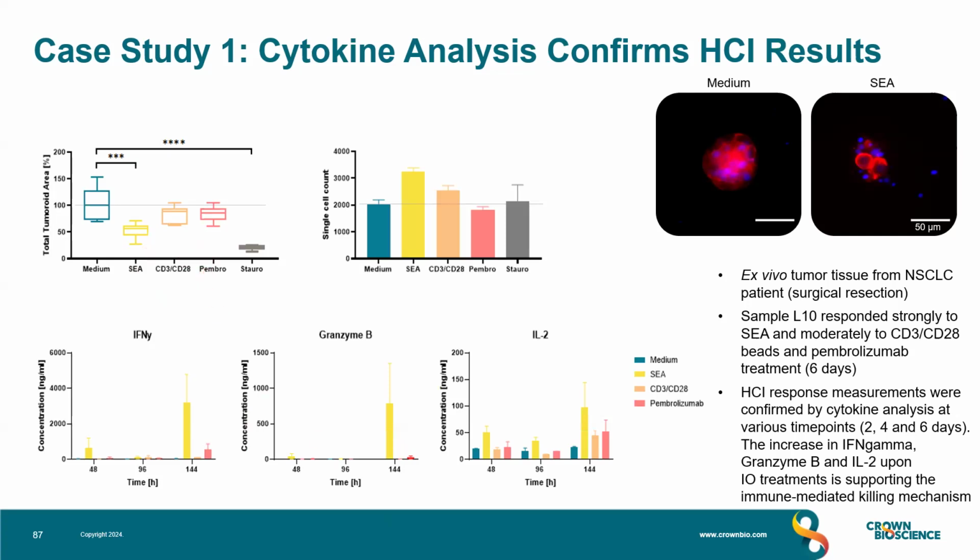So further investigation into the phenotypic response was conducted with cytokine analysis, and you can see an increase in interferon gamma, granzyme B, and interleukin-2 upon immune stimulating treatments, which supported the immune-mediated killing by SEA. But this obviously wasn't seen for pembrolizumab.